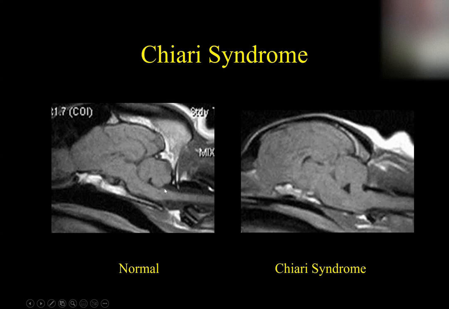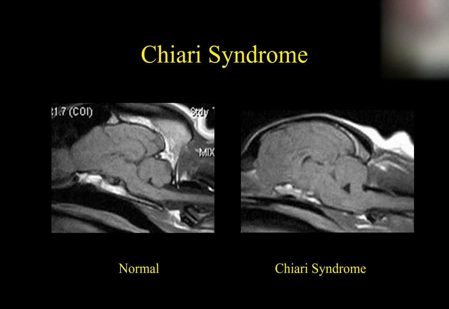In dogs that have Chiari syndrome, a part of the cerebellum, which looks like a tongue, is actually herniating through the foramen magnum or this occipital dysplasia and compresses it. So you get caudal crowding of the cerebellum, and it forces a part of the cerebellum to herniate through the foramen magnum, and that's what's causing the clinical signs.